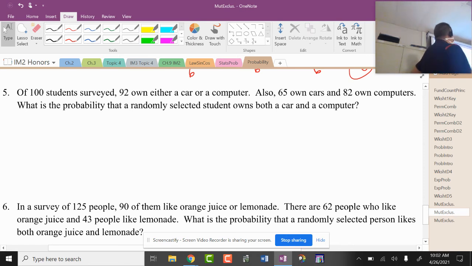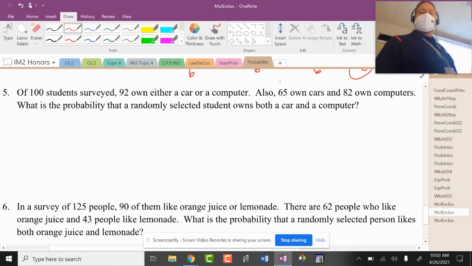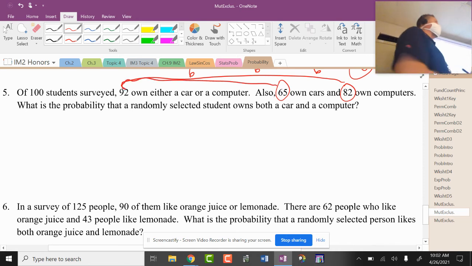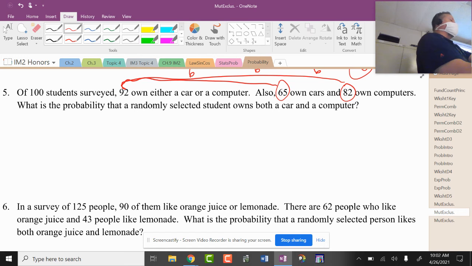Also, 65 own cars, 82 own computers. Looking at these two numbers, the fact that when you add these two up it's larger than this means we have some overlap. And I hope you understand that as we move forward. So 65 just own a car, 82 just own a computer, but there is a certain amount that own both, and it doesn't reflect in these first two statements.